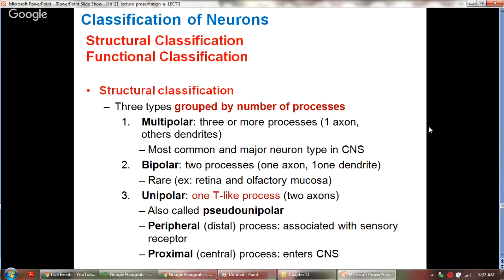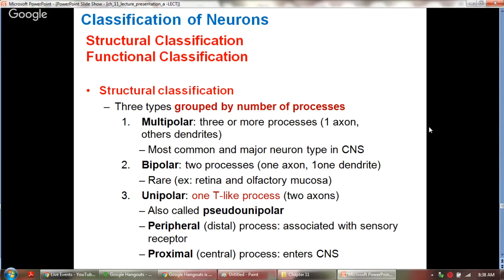So let's look at the classification of neurons. The classification could be due to two major things: structural classification or functional classification. With regard to structural classification, there are three types grouped by number of processes.